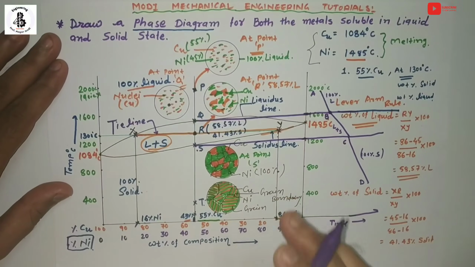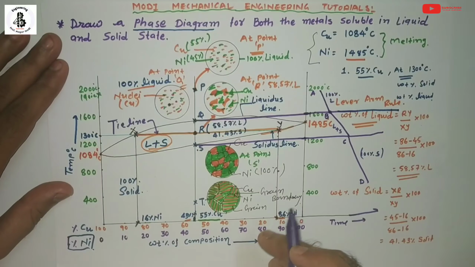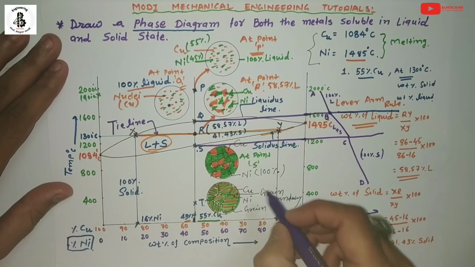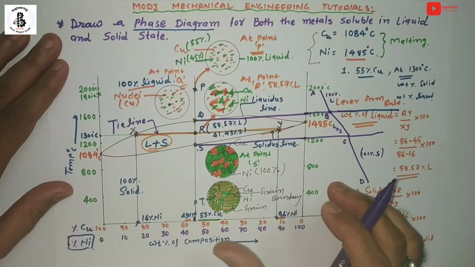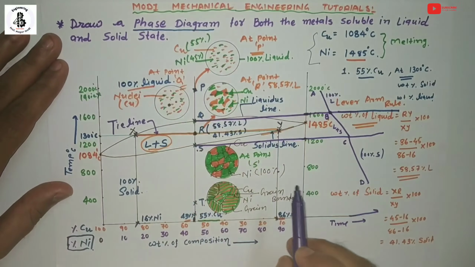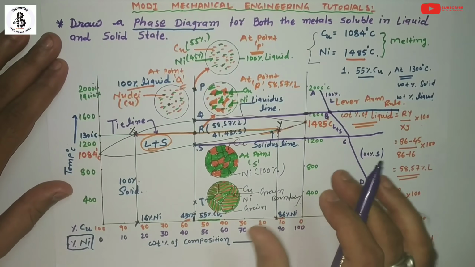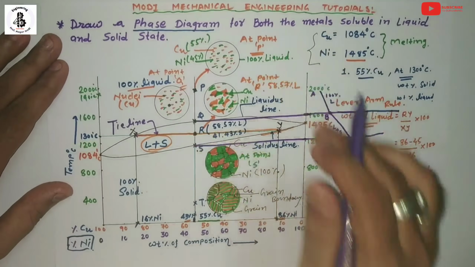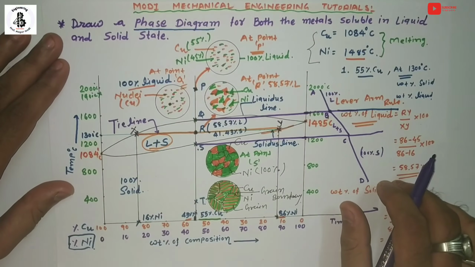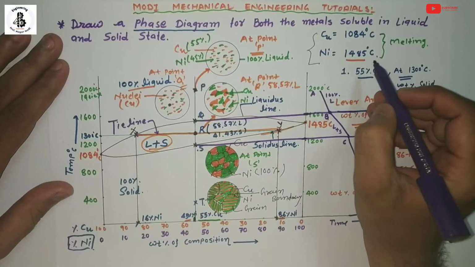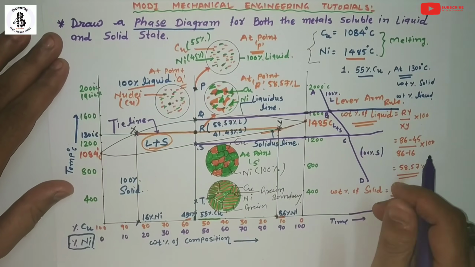So if you want to draw each and every cooling curve for finding a proper solidification temperature range, these different sets of conditions help for better understanding of the different phases that exist for different metals. So I hope you understand, for both metals which are soluble in liquid state and solid state, that is one of the most common examples of the copper nickel alloy systems.